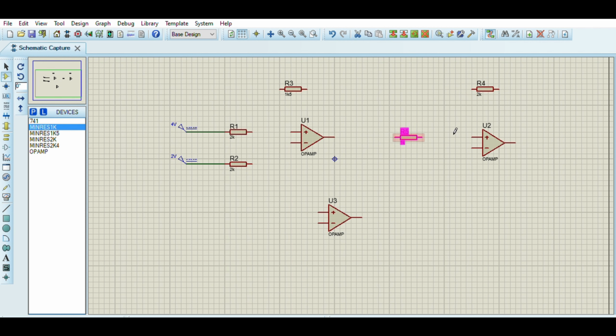So we will need to arrange the components so it will be nice. The 2.4K resistor is located between the second and the third op amp.